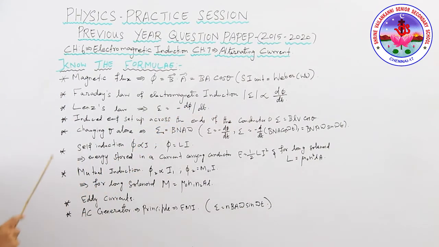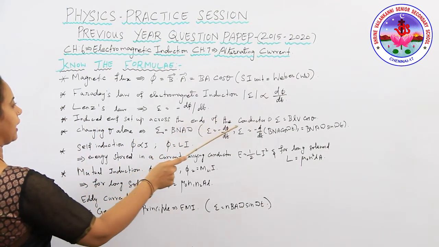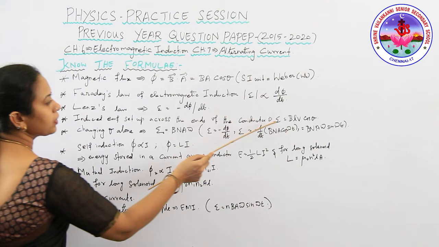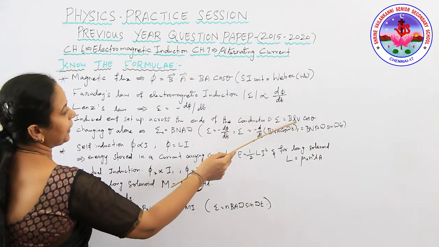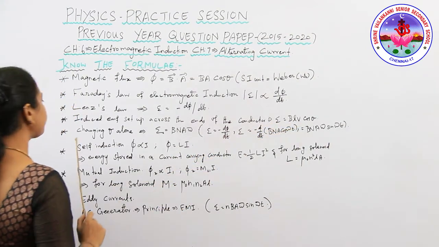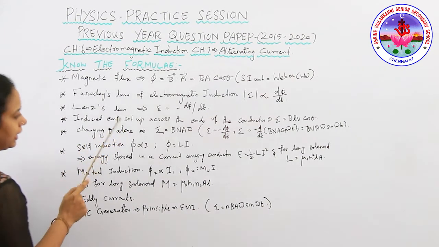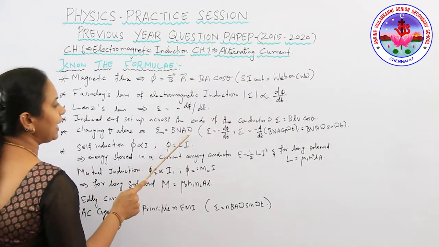Induced EMF is set up across the ends of the conductor, that means we have different methods of production of induced EMF, right? By changing magnetic field, by changing area, we have the formula BLV cos theta, and by changing theta alone, if you are changing the orientation only, then you will get BNA omega.